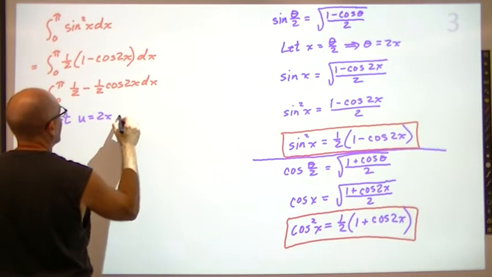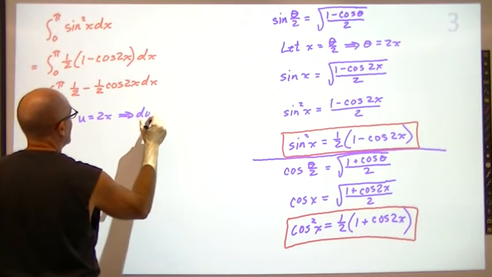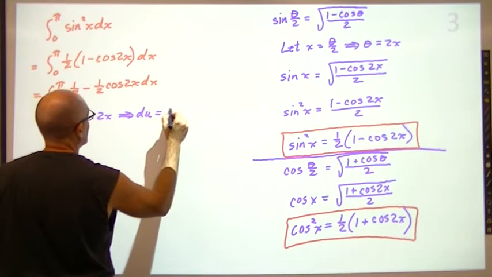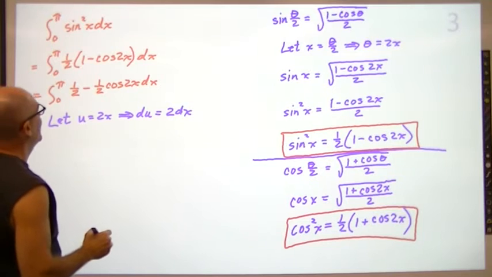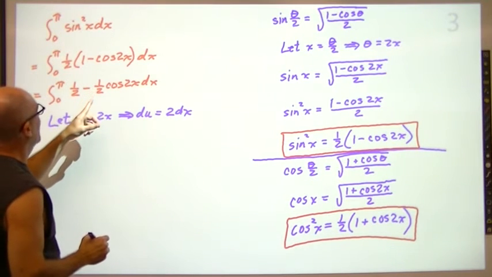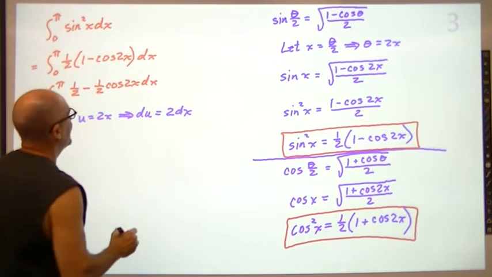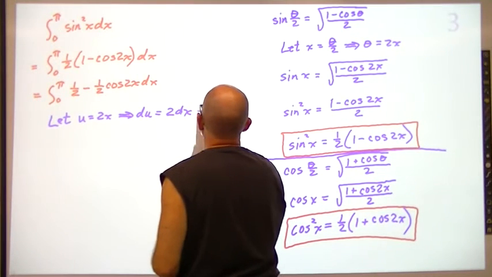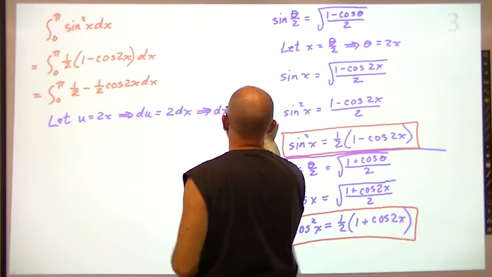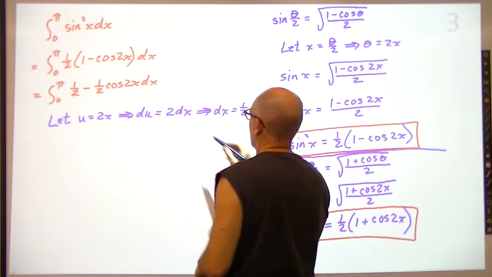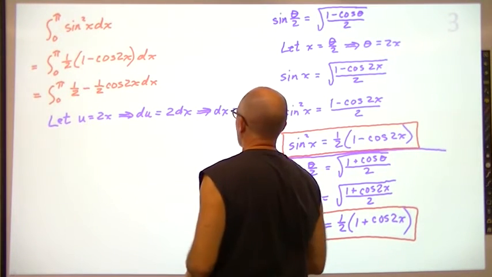And that means du equals 2 dx. And now that means dx equals 1/2 du. Okay, dx is 1/2 du.